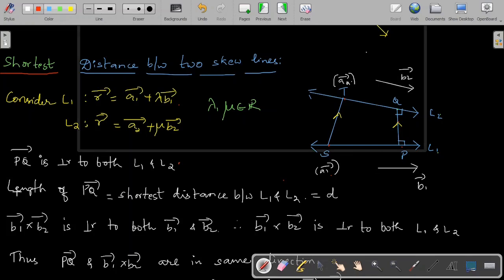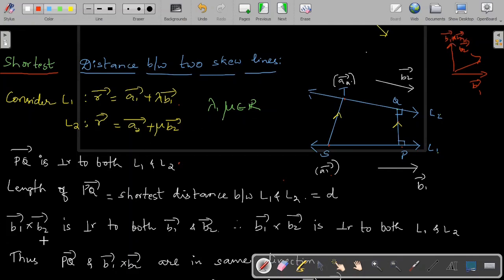Okay. So now the length of this PQ vector gives you the shortest distance between L1 and L2. I will name that shortest distance as D. Now, as you have two vectors b1 and b2, where will be the cross product of these two vectors? This you have studied in vectors. When you have two vectors b1 vector and b2 vector, their cross product will be perpendicular to both b1 vector and b2 vector.